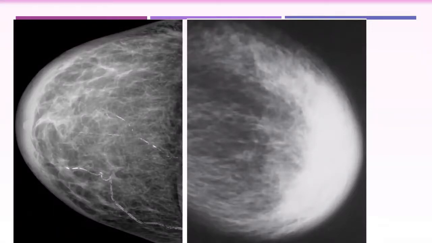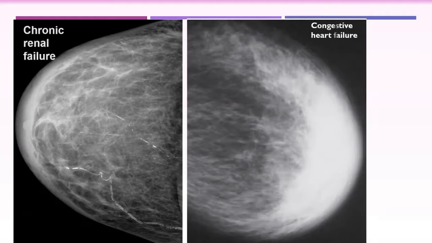You think about systemic causes, but you should still remember that we can have bilateral malignancy as in the previous case. We have to exclude malignancy, so we go for ultrasound. This one is chronic renal failure and the other one is overload due to congestive heart failure.